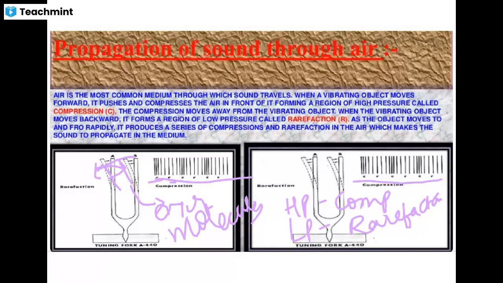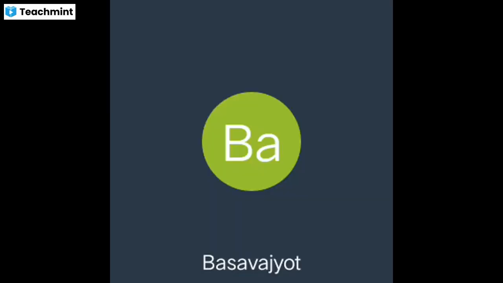Compressions and rarefactions are produced due to the changes in pressure in the atmosphere. High pressure points are compressions, low pressure points are rarefactions. Whenever sound is produced, you get compressions and rarefactions.